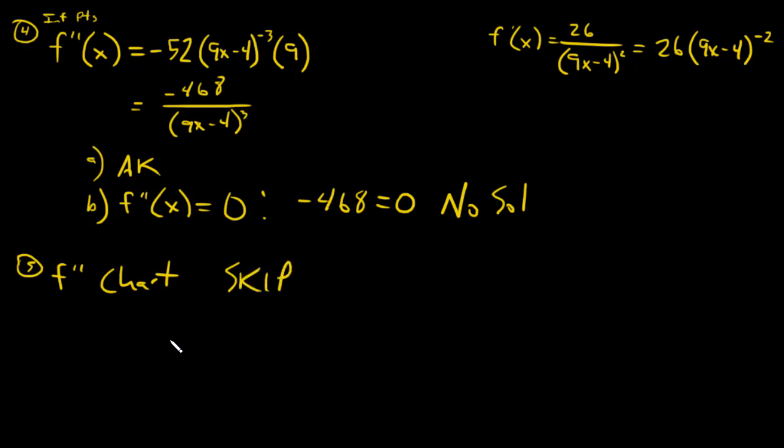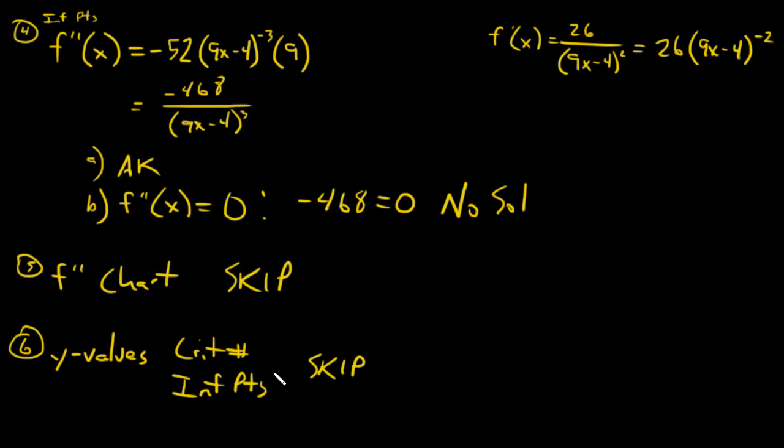There is no need for it. We have no inflection points. All right, now we move to our y values. That's where we're going to plug in our critical numbers and our inflection points, but we don't have any. So skip. There are no y values to worry about.